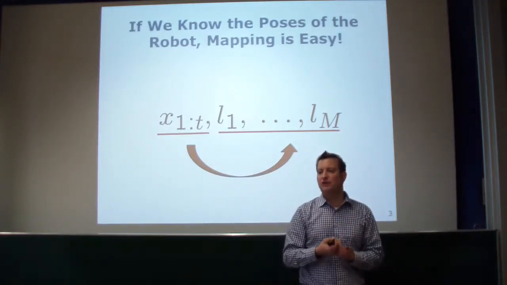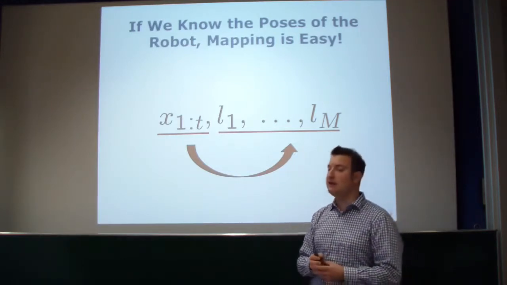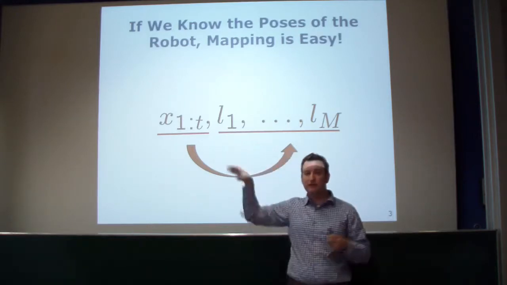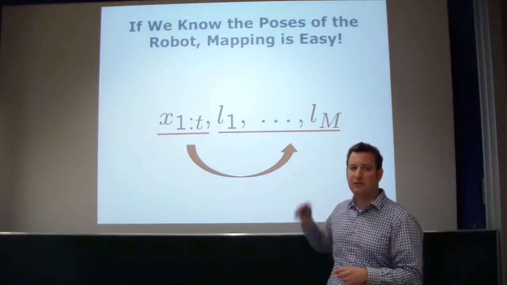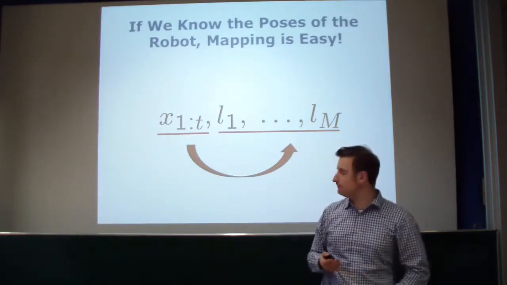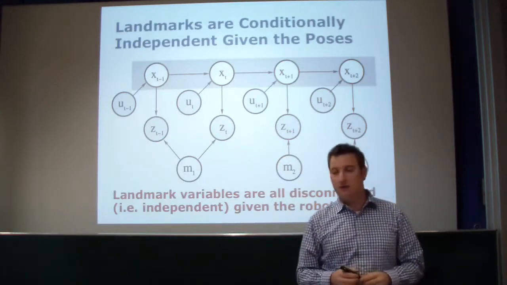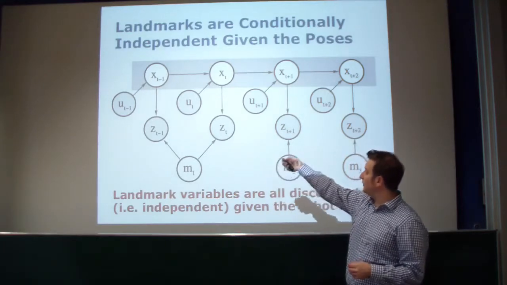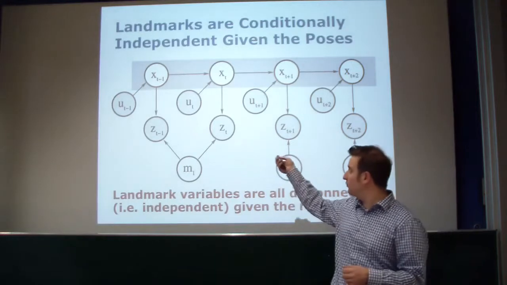This allows us to estimate them quite easily, given we know the poses, by simply maintaining a small Kalman filter for every individual landmark. In a 2D world, it's a 2-dimensional EKF that we maintain for every landmark, and it's updated independently of the others. Why we are allowed to do that can be seen from this graphical model. These are the poses of the robot, the different x values.